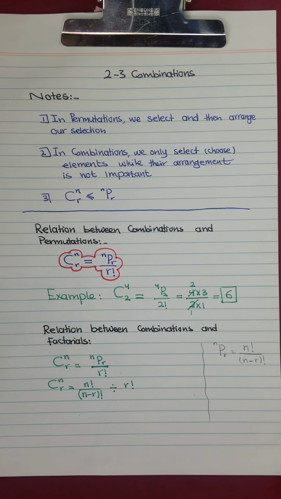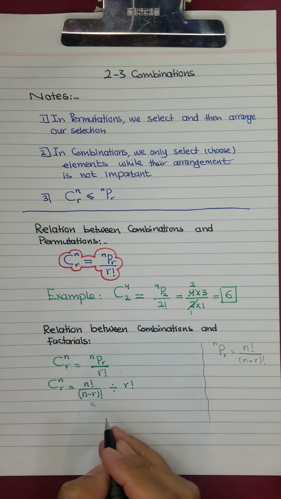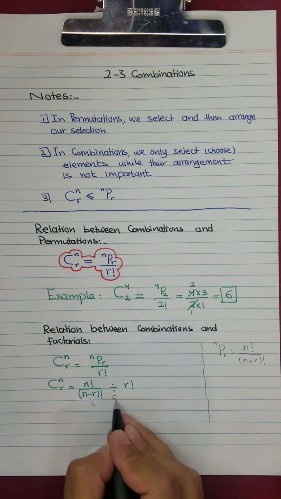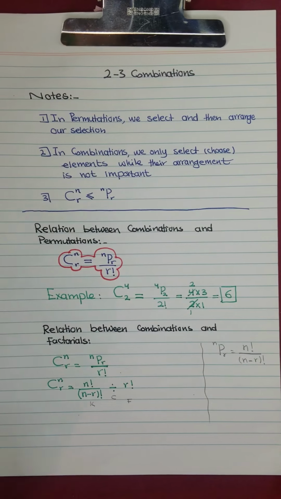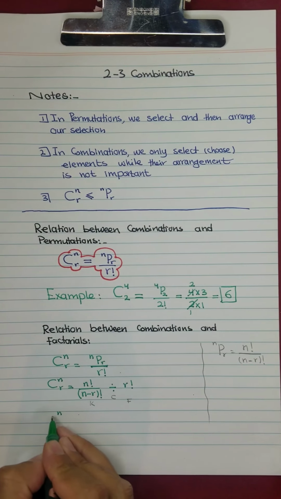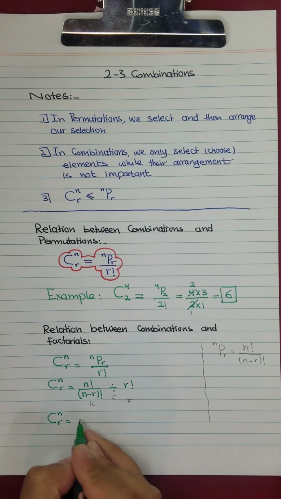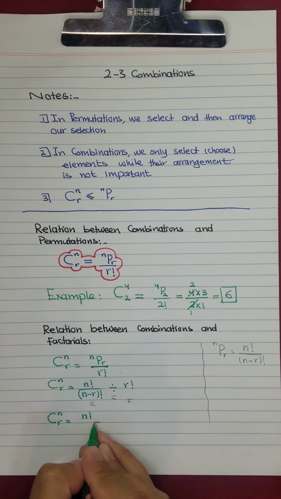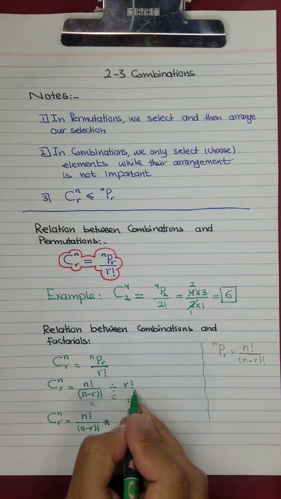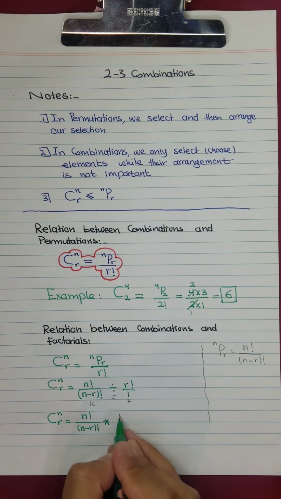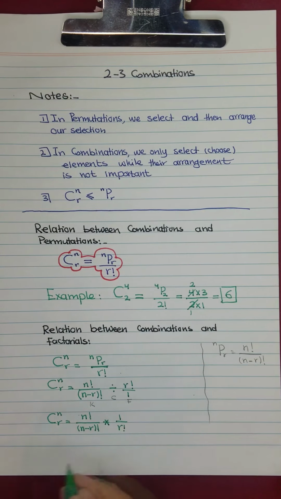And as usual, with division with a fraction, we keep the first fraction, we change the division to multiplication, and we flip the second fraction. So we keep change flip. From this one we get that the n combination r is going to be equal to n factorial over n minus r factorial multiplied by, when we flip this one, 1 over r factorial.